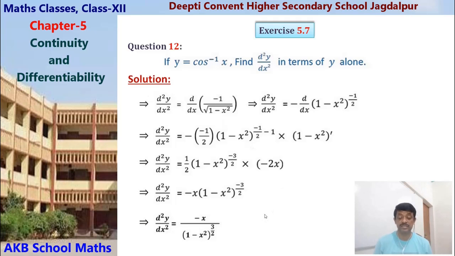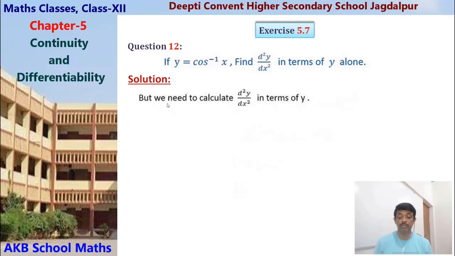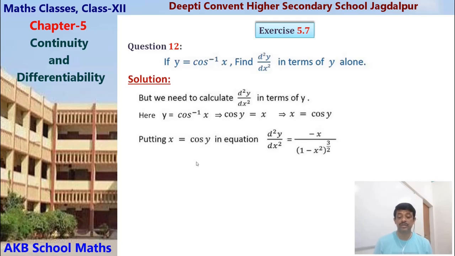Clear? Now we have to convert it in terms of y by using y equals cos inverse x. This is the main thing, we need to calculate d2y by dx square in terms of y. So y equals cos inverse x, so from here x equals cos y. Putting x equals cos y in the equation d2y by dx square equals minus x upon (1 minus x square) to the power 3 by 2, in place of x we write cos y.